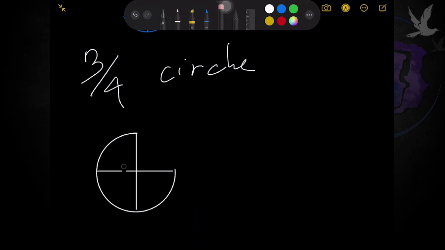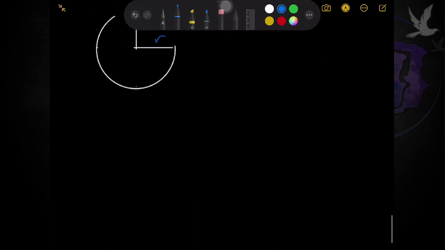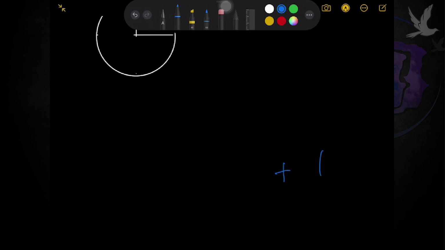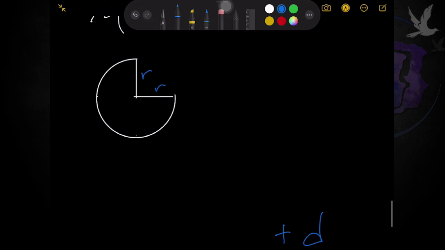Okay. Erase ko din to sa loob para mas makita nyo yung figure. Okay. Ganyan. If you notice again, dalawang radius. Ibig sabihin, you already know our ending for our perimeter. We add a diameter. Okay?